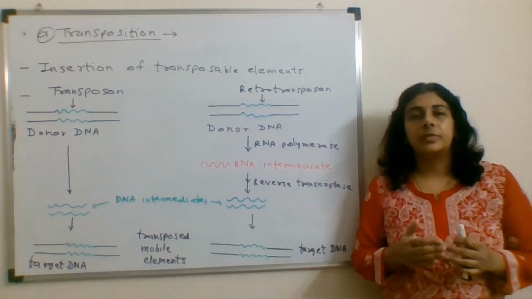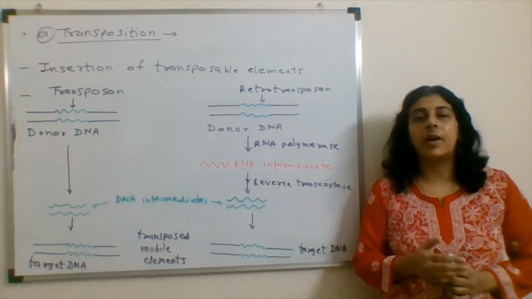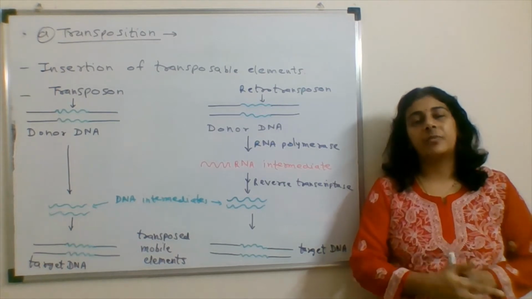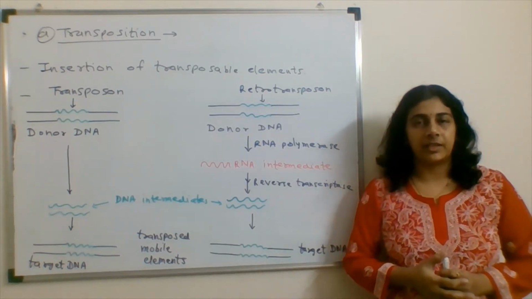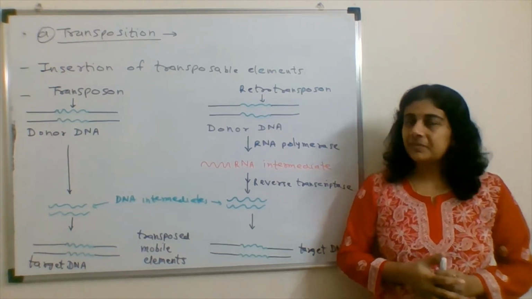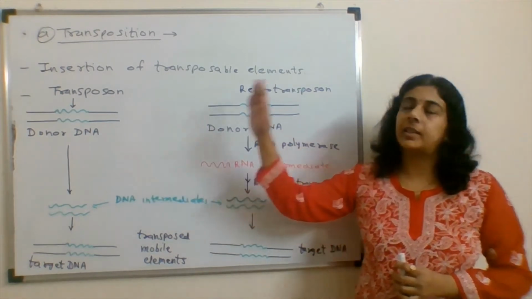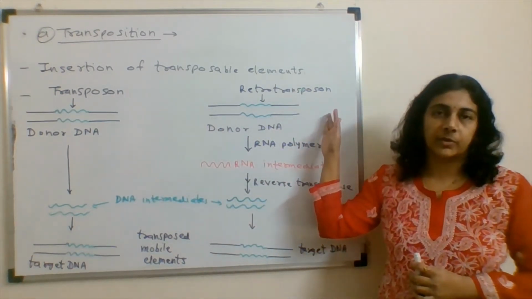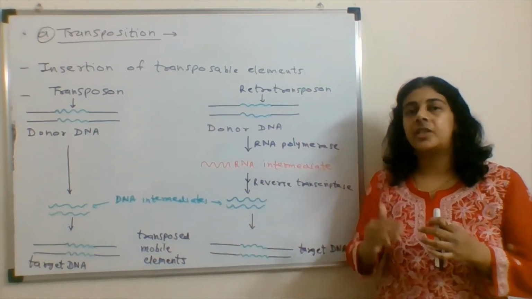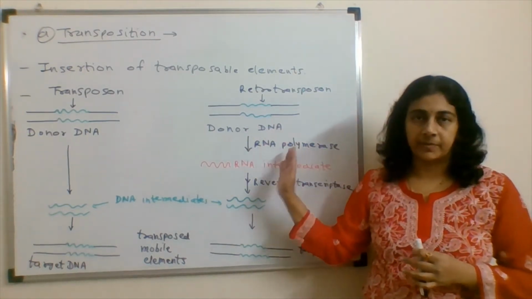See, in the genome there are some DNA sequences which are mobile elements which can jump from one place to another place. These are also called jumping genes. These can be a transposon or a retrotransposon. The mechanism by which these get inserted classifies them into two types.